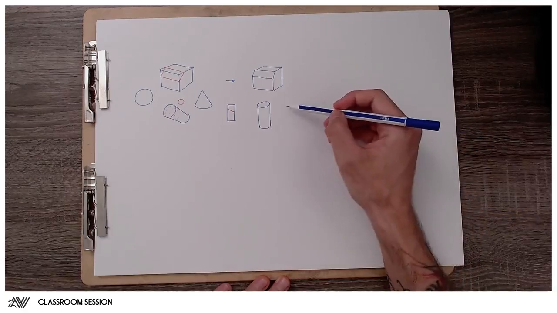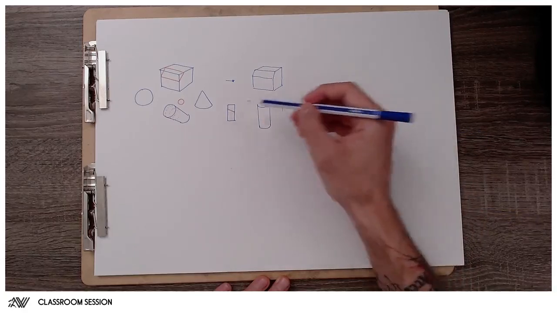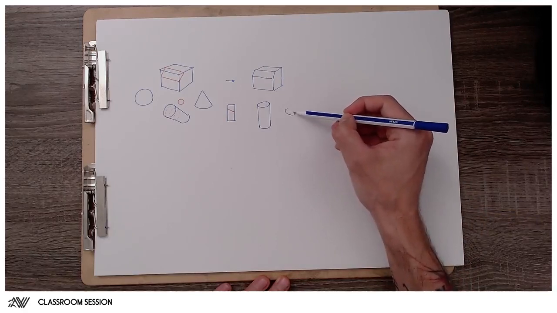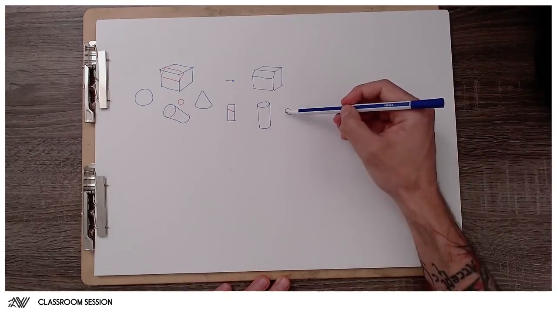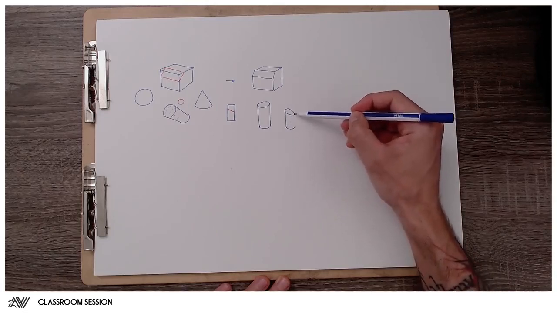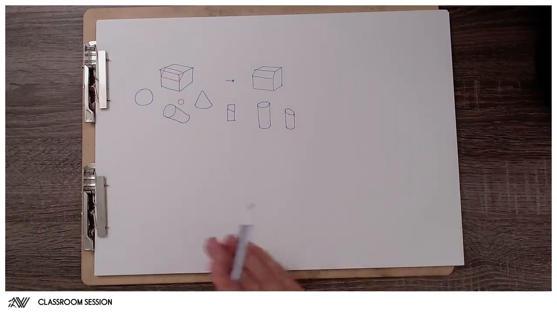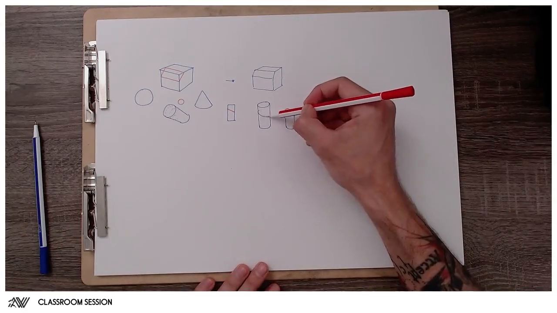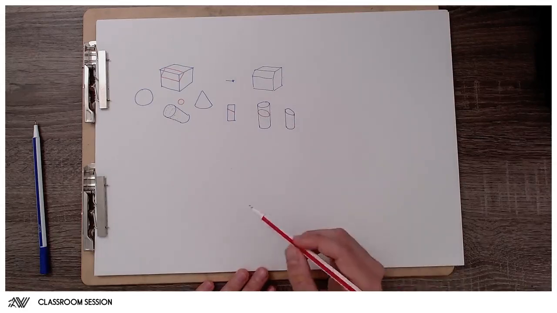If we draw it the way that I drew it here, we have more of a slanted ellipse like that. So we basically cut through the geometry of our shape.